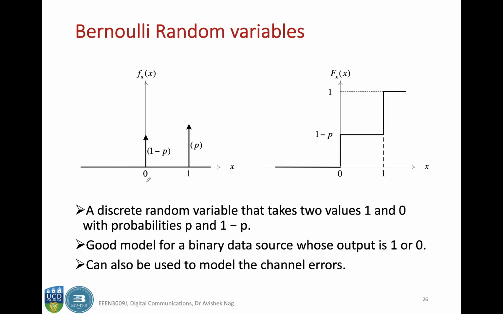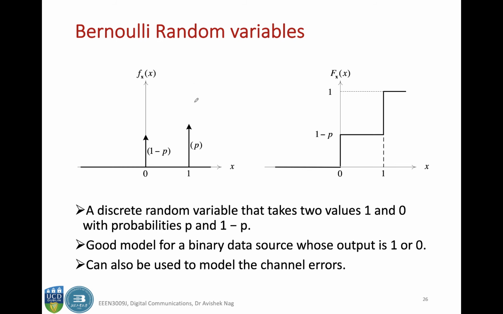Probability of the variable x equal to 0 is 1 minus p, probability of the variable x equal to 1 is p, and this is the PMF. Sorry, I said PDF earlier, my mistake.